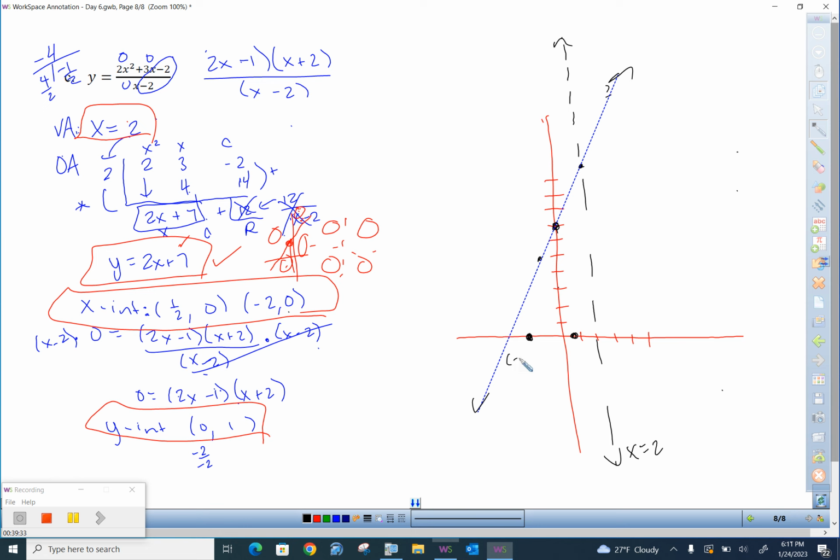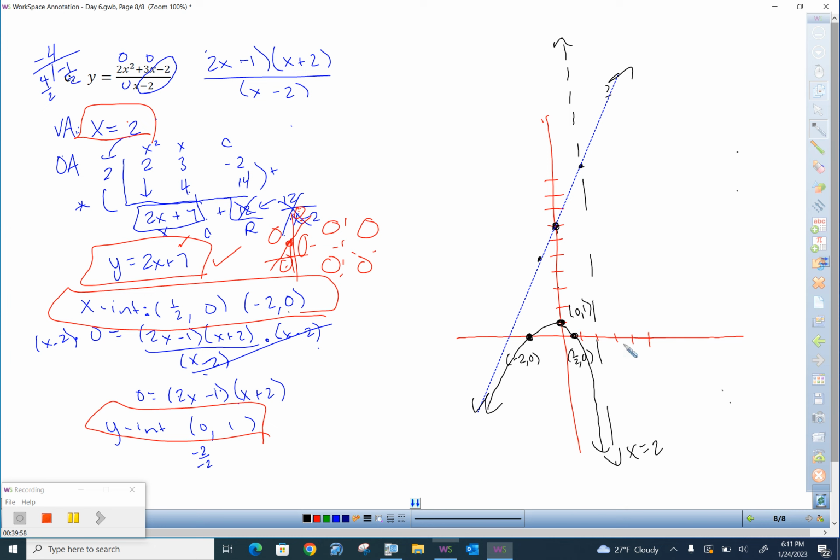You can label those. And then our y-intercept was at 1. So following the asymptote, we start here, go through the points, head back towards it. This looks like kind of a sideways parabola, which means our other one has to be up here.